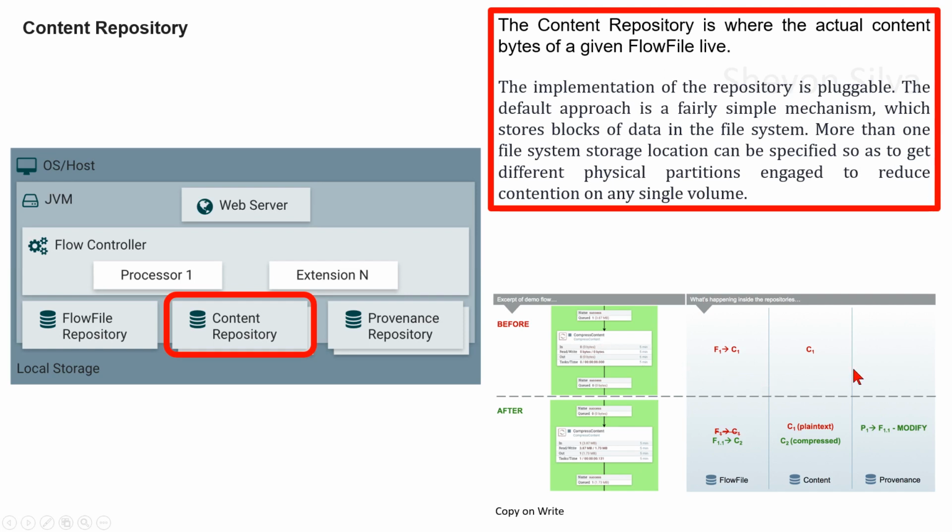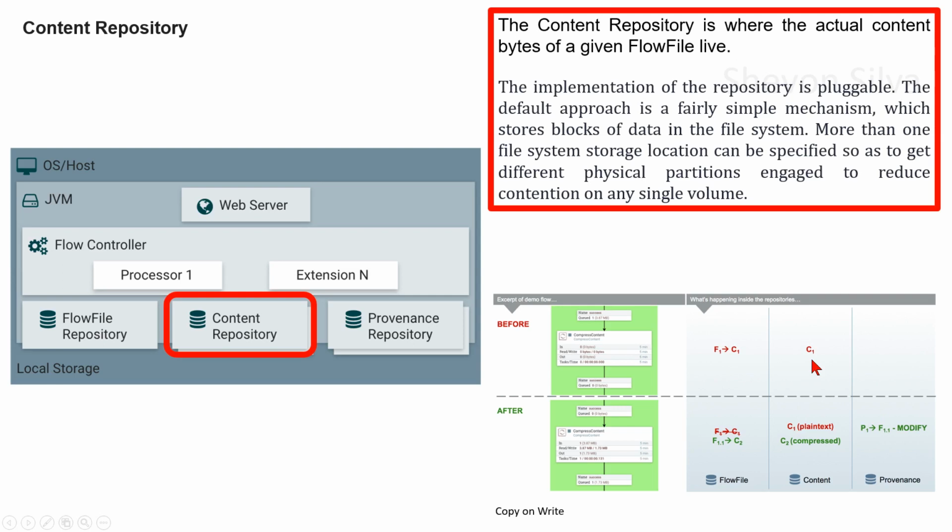In this example, the content C1 for flow file F1 is being compressed in the compress content processor. Since C1 is immutable and we want a full replayable provenance history, we can't just overwrite C1.